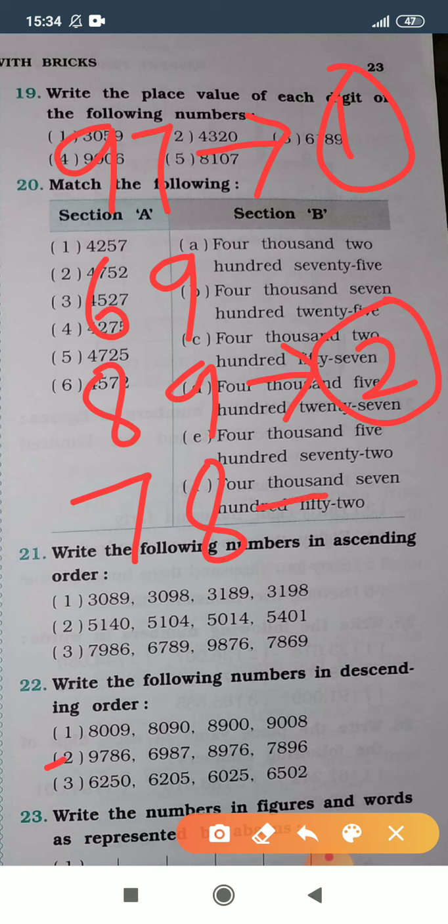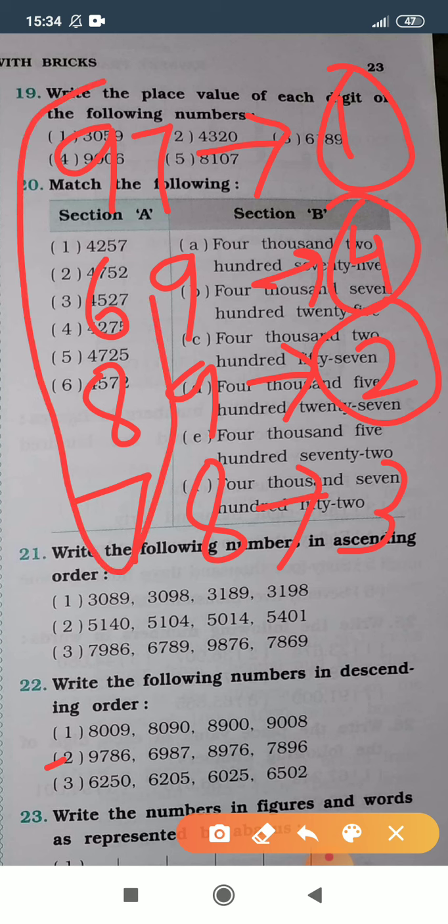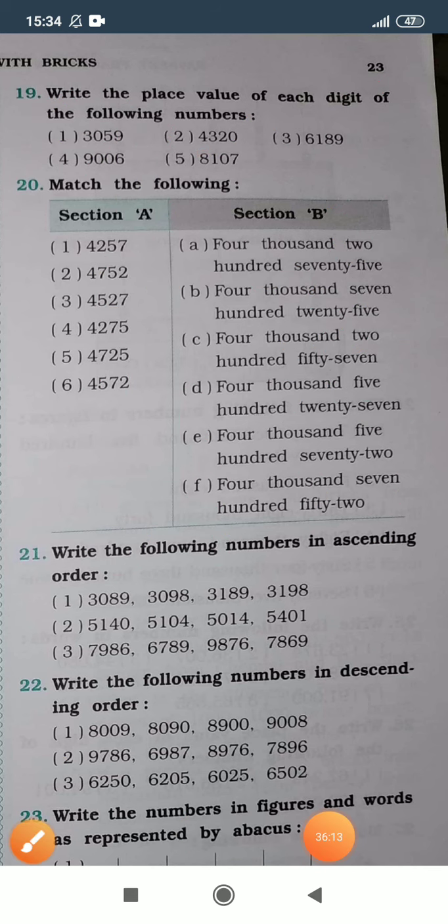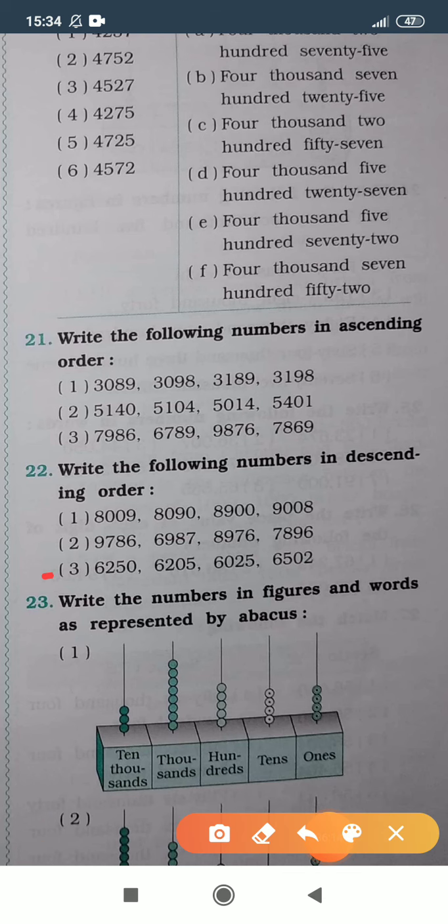After that 78 and the 69 is last. We can also take single digits here to find out the descending order. Now question number 3 you need to do in your homework.